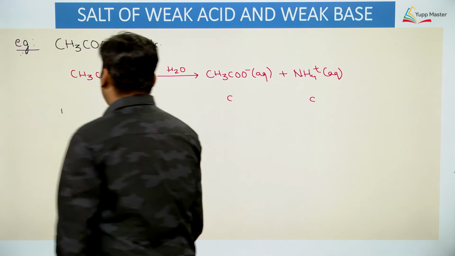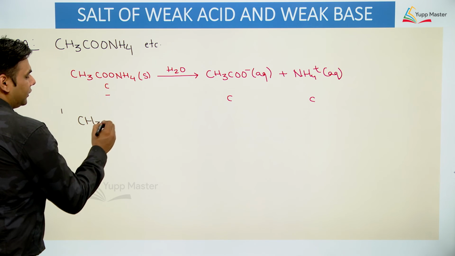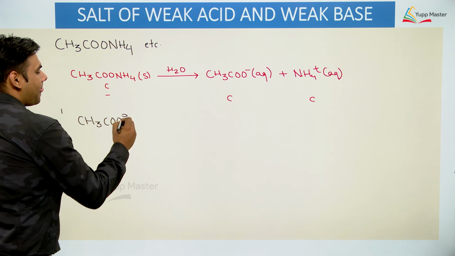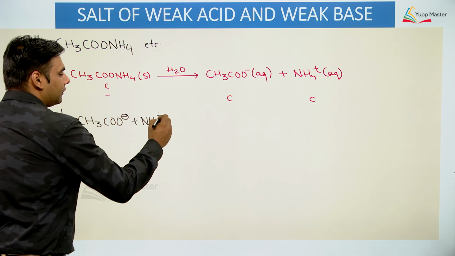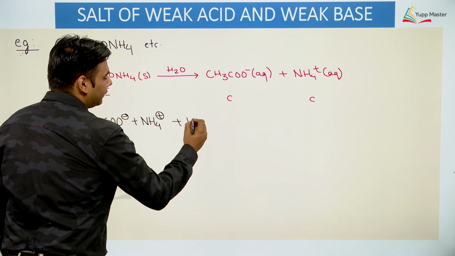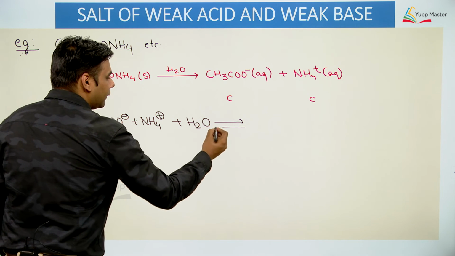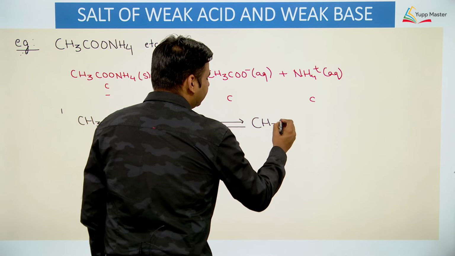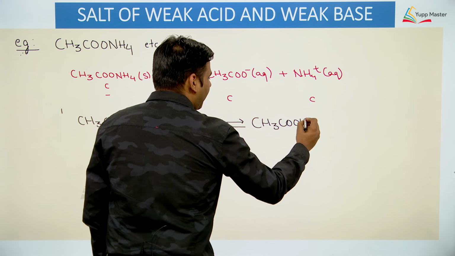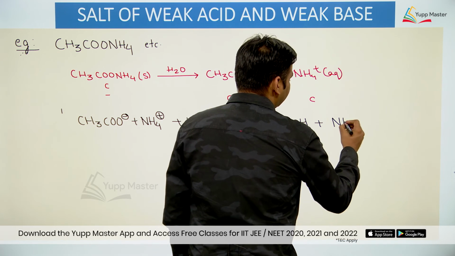Okay. So if we can write this reaction, we will write this reaction together. So CH3COO negative plus NH4 plus is reacting with water. So acetate will pull out H plus from water and it would form acetic acid, right? NH4 plus will pick up OH to form NH4OH.